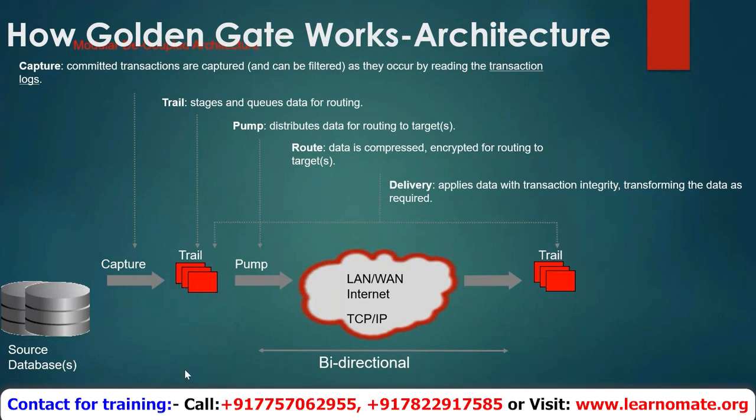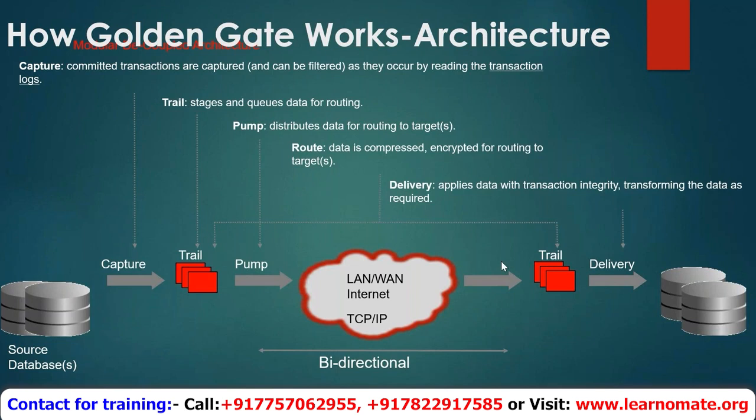The pump process reads the data from the local trail, sends it over the TCP/IP network, and writes it to the remote trail on the target database. Once the data becomes available in the remote trail, the GoldenGate replicate or delivery process, also called apply, reads the data from the remote trail and applies it to the target database.